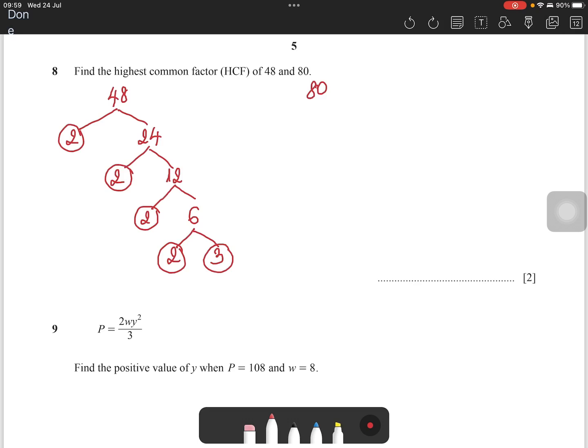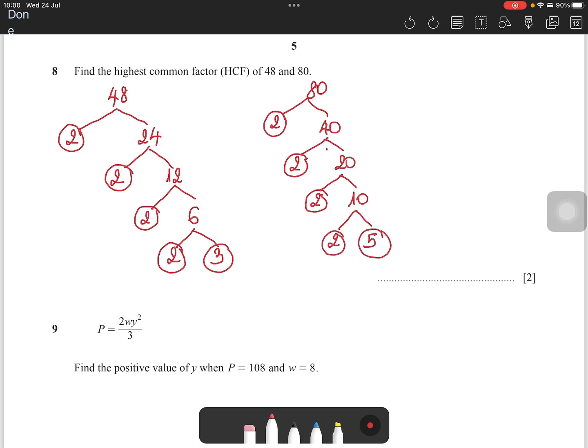Similarly, 80 is equal to 2 times 40. 40 is equal to 2 times 20. 20 is equal to 2 times 10. And 10 is equal to 2 times 5. So these are the prime factors of 80.